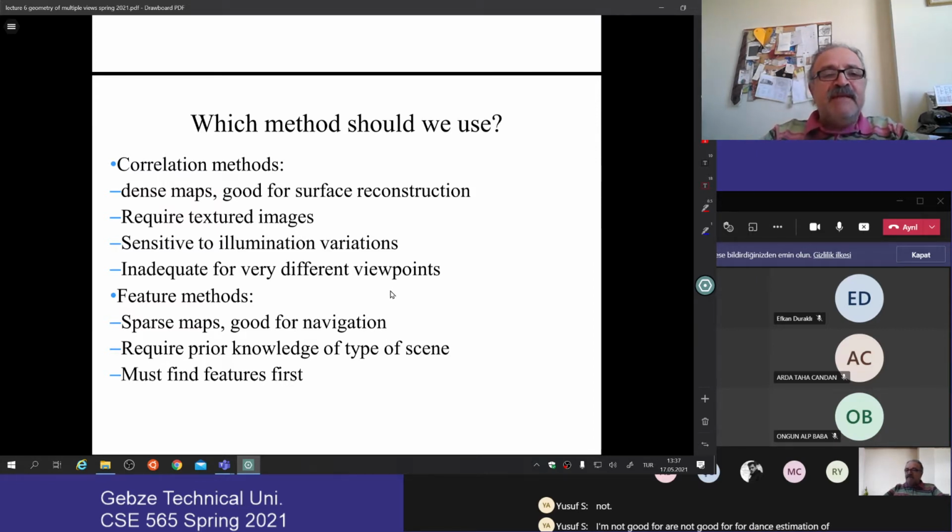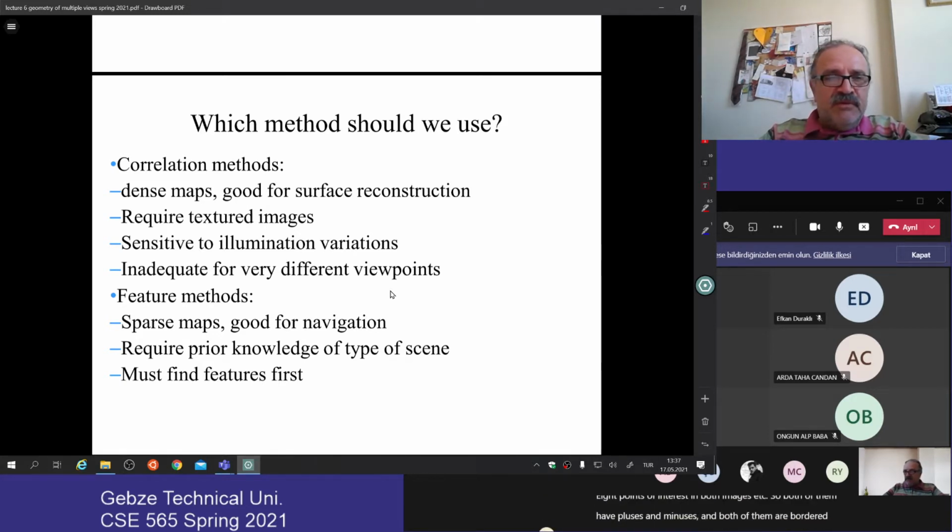That's what we said, and they need a prior step of finding the points of interest in both the images, etc. So both of them have pluses and minuses, and both of them are used frequently for different purposes.